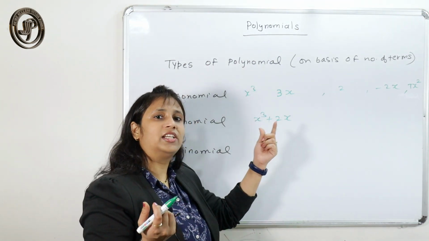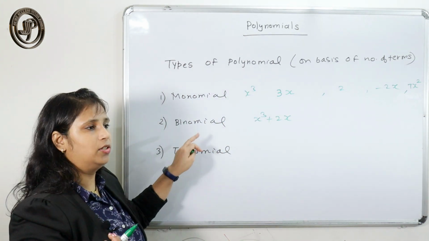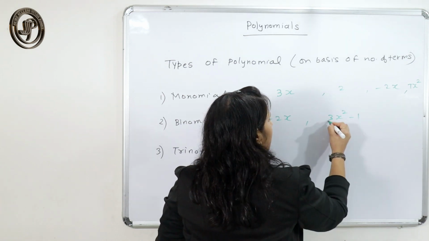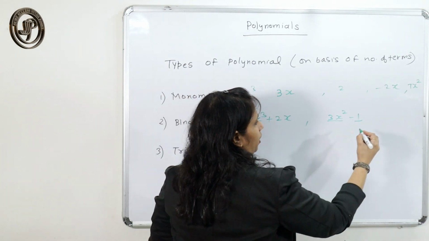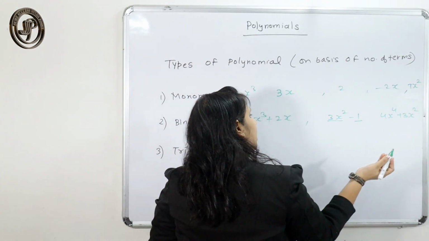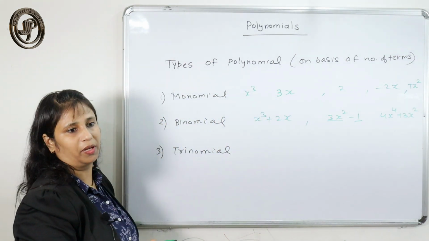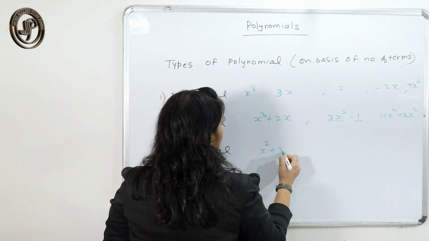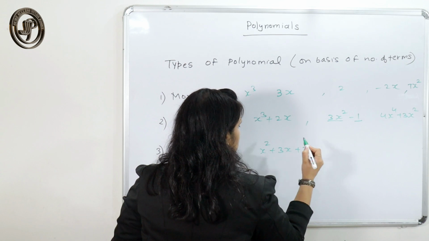If it has two terms, it is a binomial. If I write like this, 4x^4 plus 3x square, it has two terms, so it is a binomial.